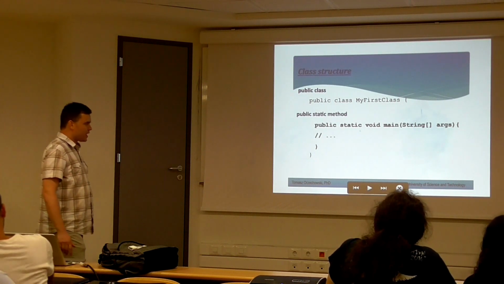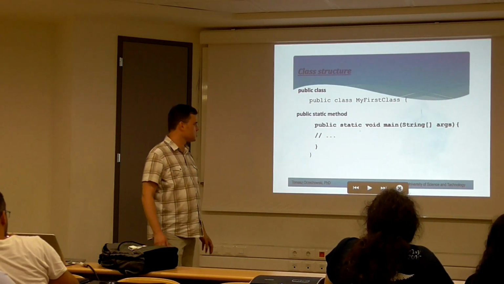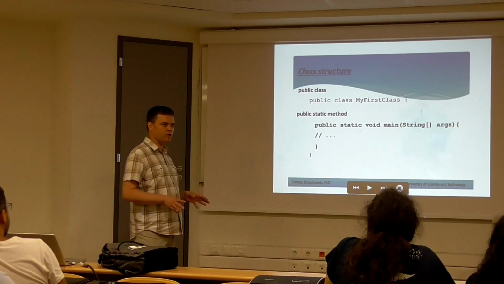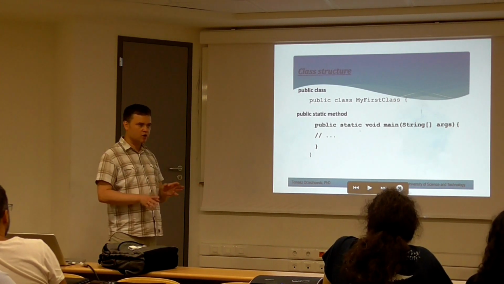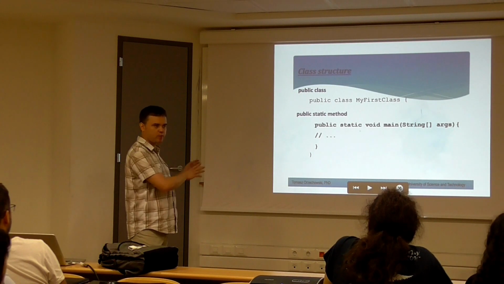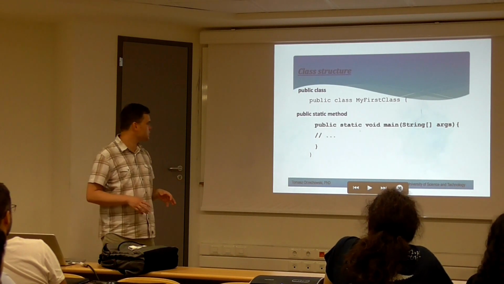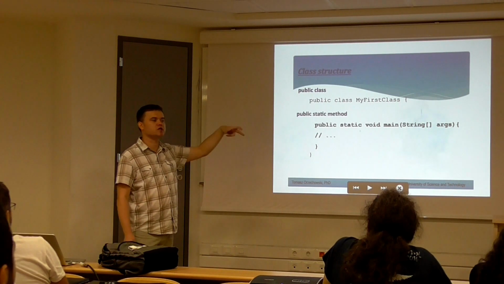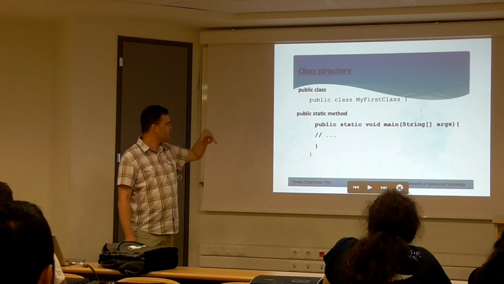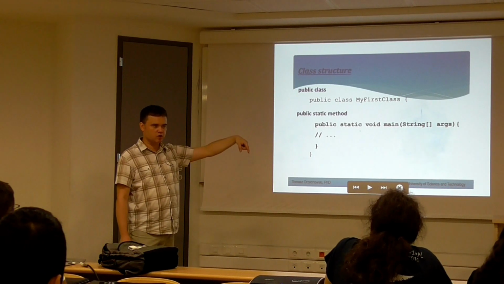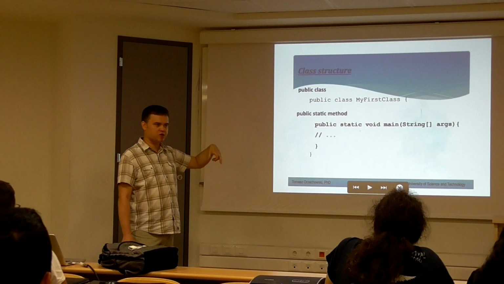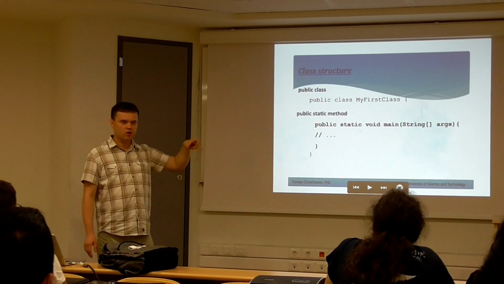To start an application, we should create the main method. And the main method is not associated with an object. So this is also an example of a static method. Static means that we can call the method using the name of the class: MyFirstClass.main. So the Java virtual machine will start the application by calling the main method.